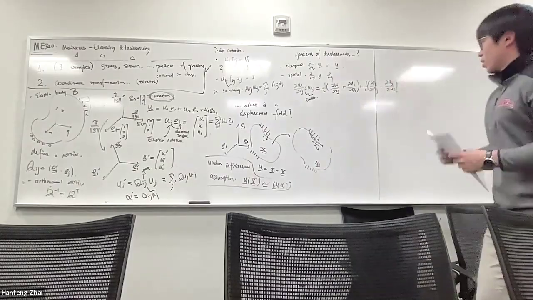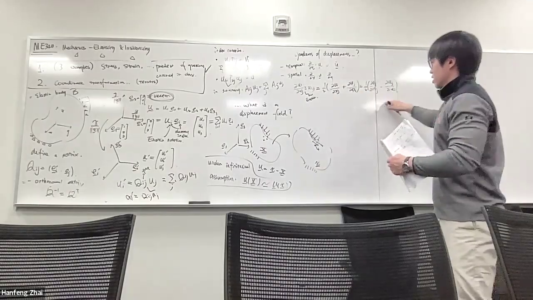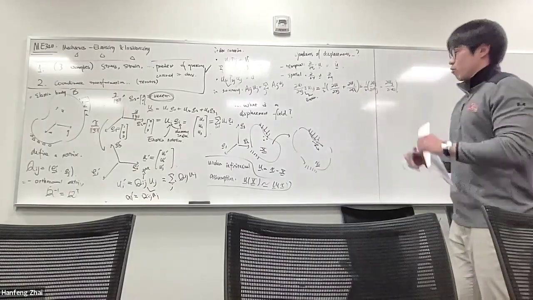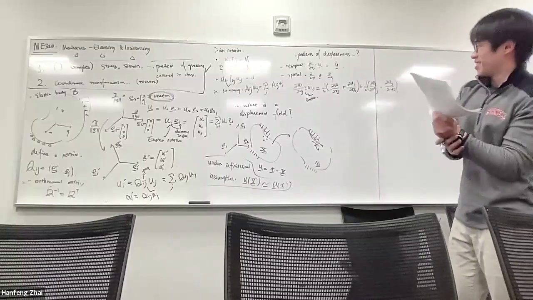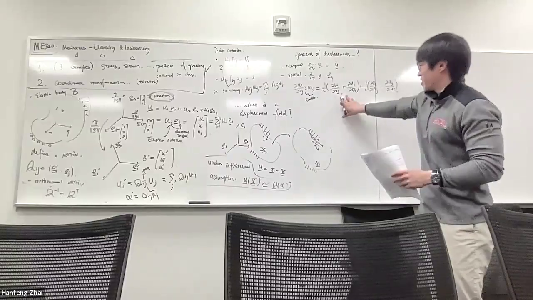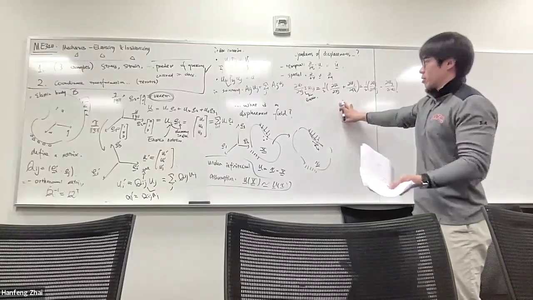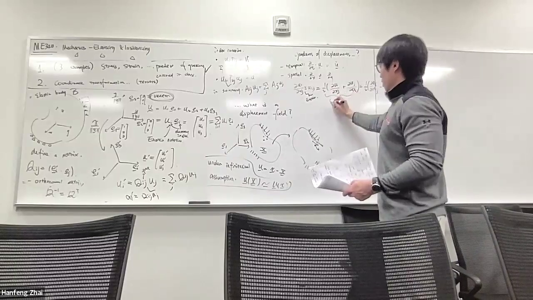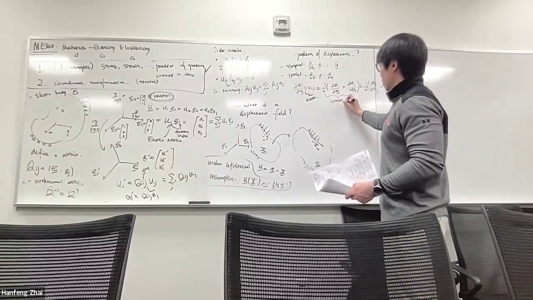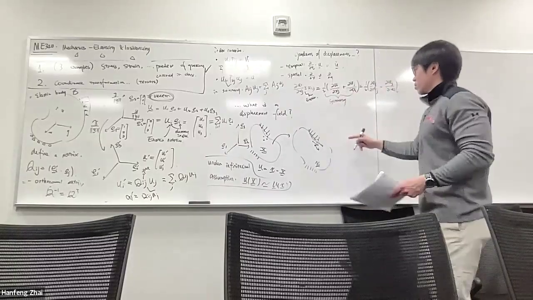And why would I want to expand this in this form? If you're familiar with linear algebra, this is trying to symmetrize a matrix. So this part is symmetric, right? It satisfies symmetry.